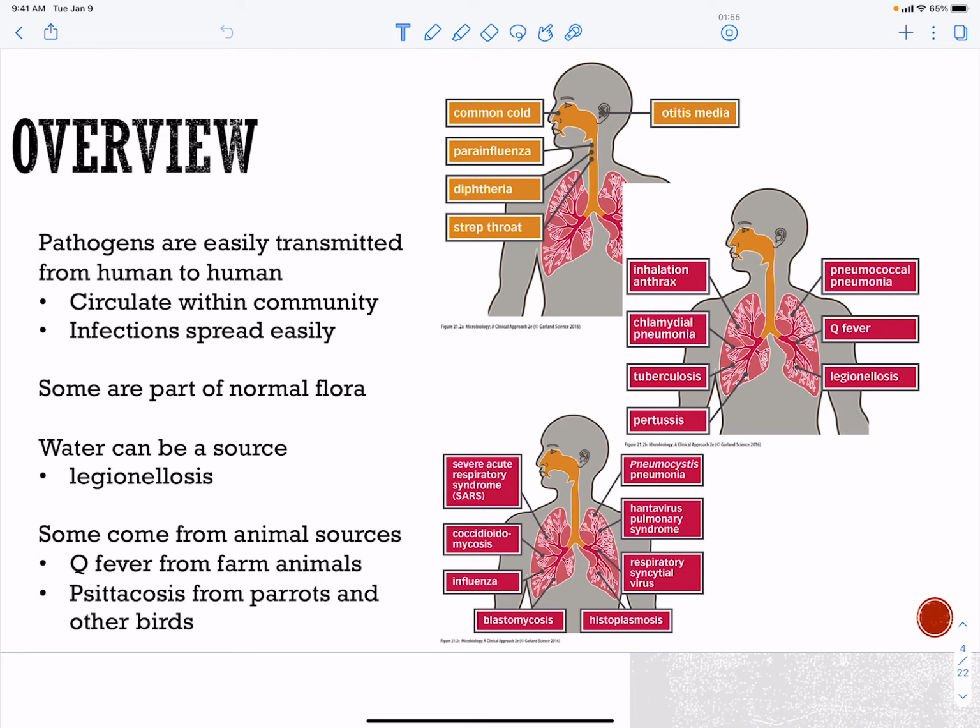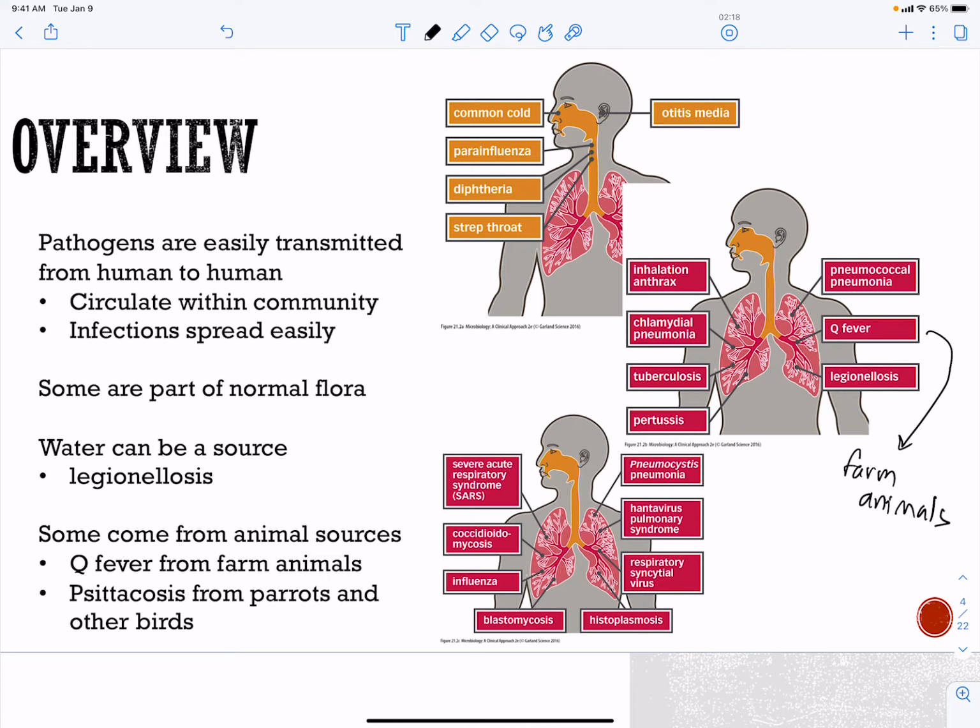Again, some are going to be pretty famous, like anthrax. We have our pneumococcal pneumonia. We have our Q fever, and Q fever is going to come from our farm animals, especially goats, sheep, those types of things, and they can transmit it.